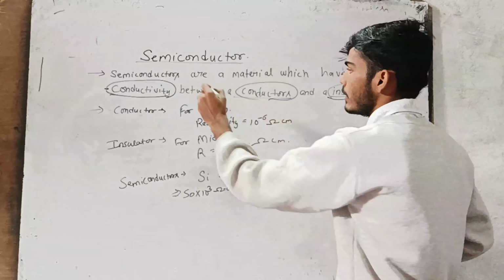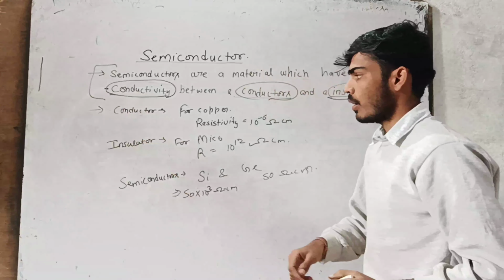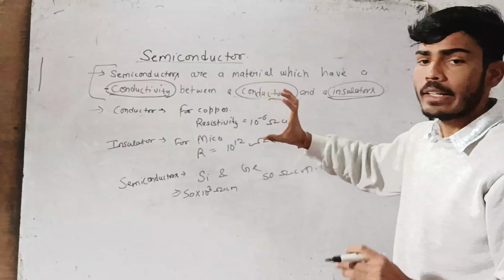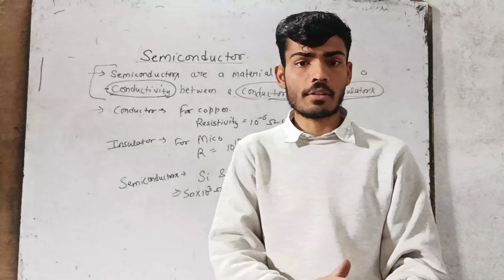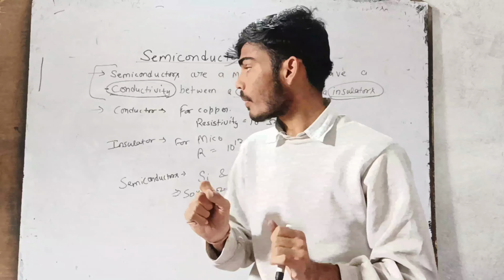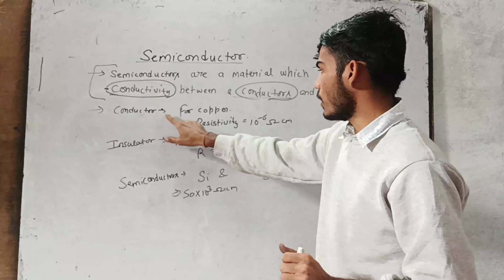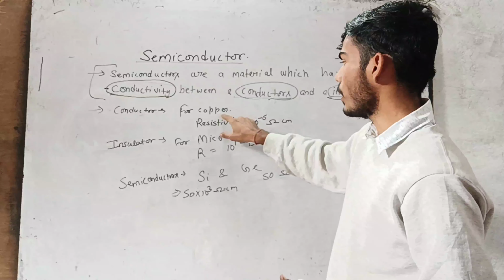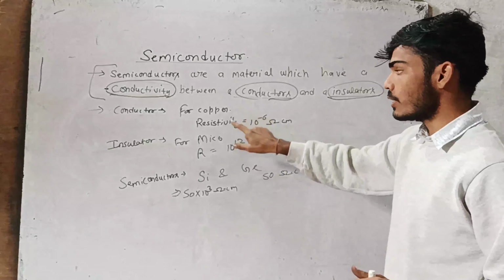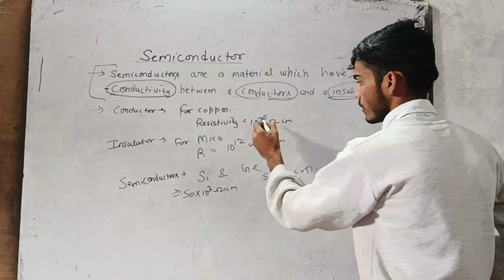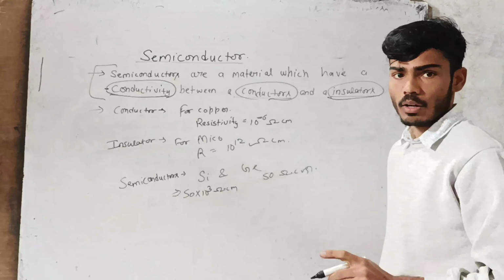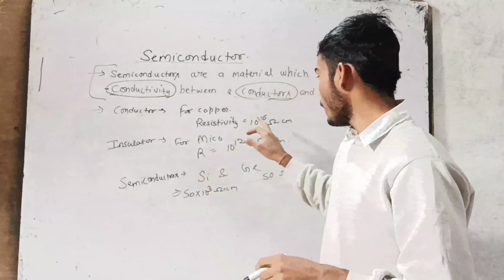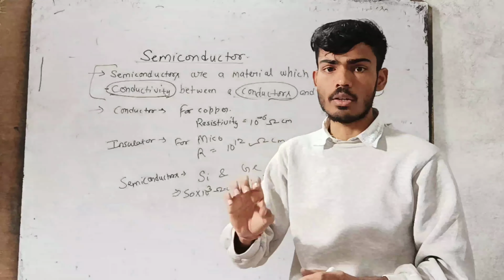To understand this definition, you have to see these three examples. By this you can clearly understand what semiconductors are basically. So in conductor, we are seeing here the example of copper. Its resistivity is 10 to the power minus 6 ohm centimeter. It means its resistivity is very low.